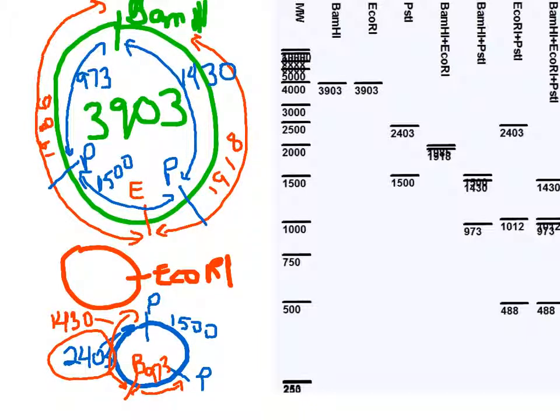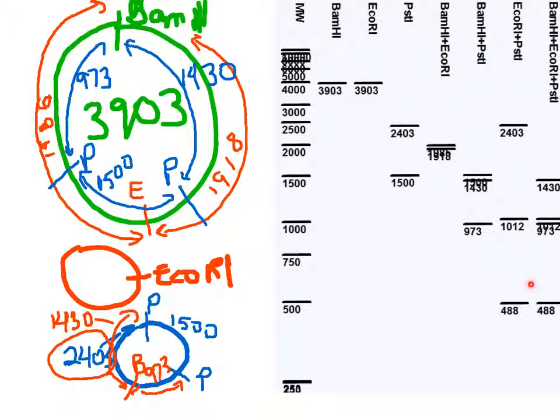Now that suggests that the ECO site is cutting inside of this 1500 base pair fragment. And is that the case? Well, let's look at when we digest with PST1 and EcoR1, and that's shown here. Where does EcoR1 cut? Well, with PST1 alone, we had 2 pieces, 1500 and 2403. When we add EcoR1 to that digest, we see that this 2403 fragment is not cut.